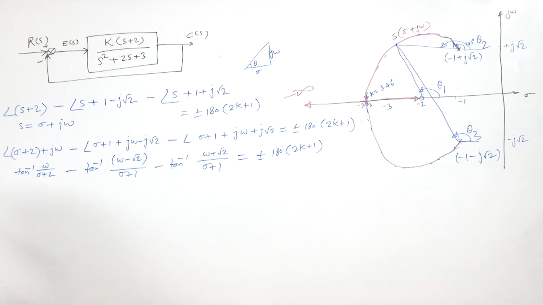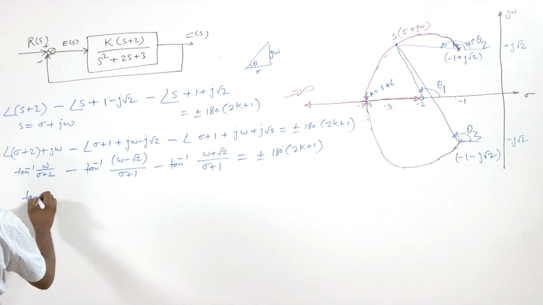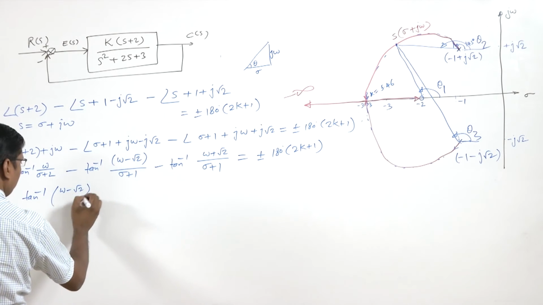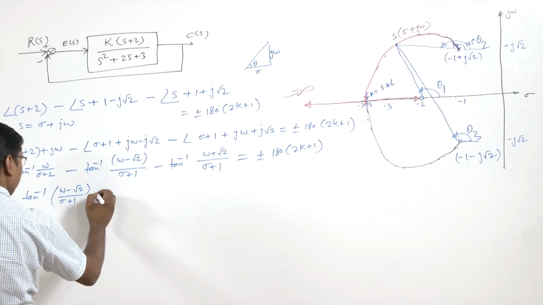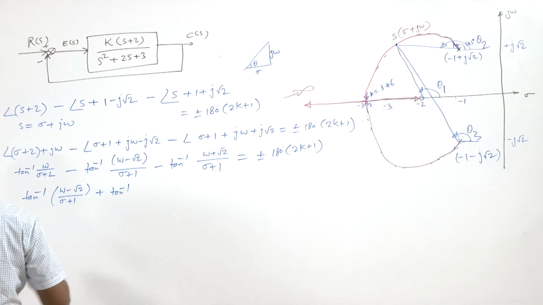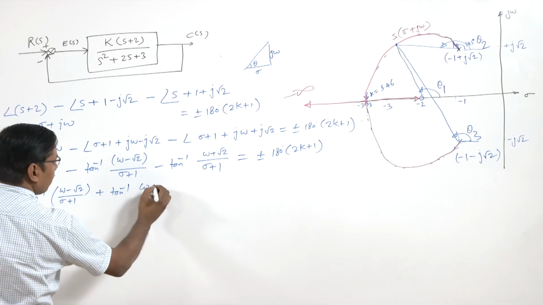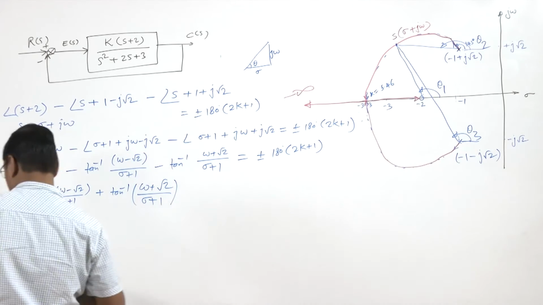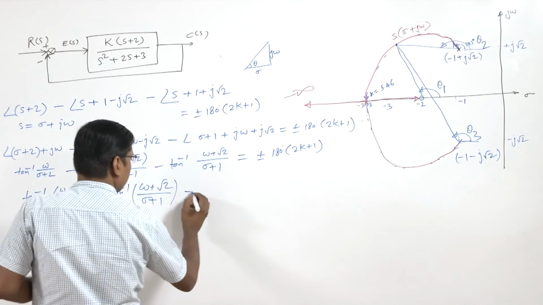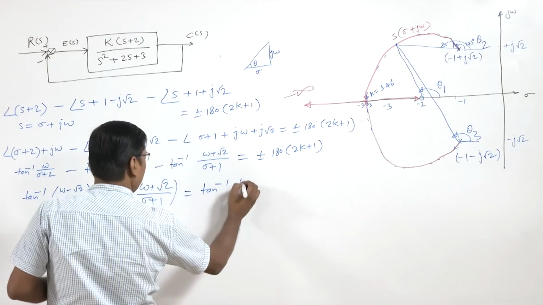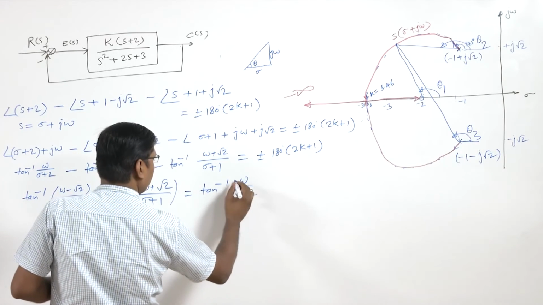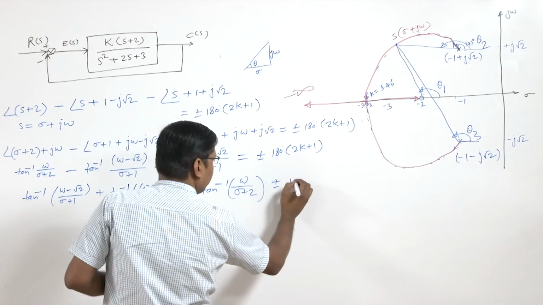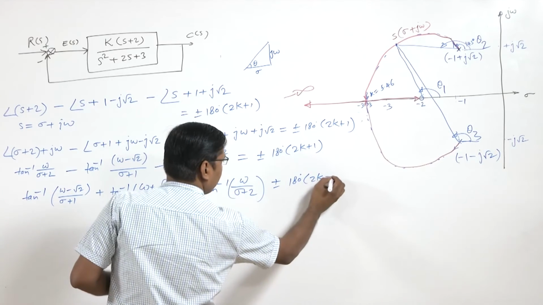So we can write tan inverse of omega minus root 2 by sigma plus 1, plus tan inverse of omega plus root 2 by sigma plus 1, equal to tan inverse of omega by sigma plus 2, plus or minus 180 degrees times 2k plus 1.